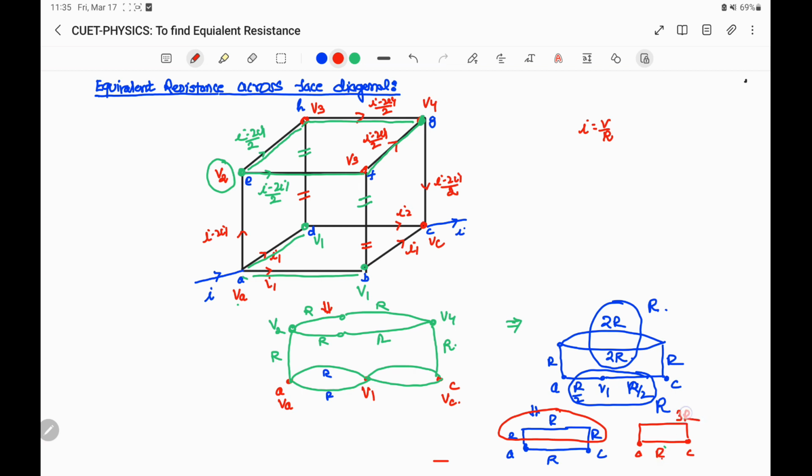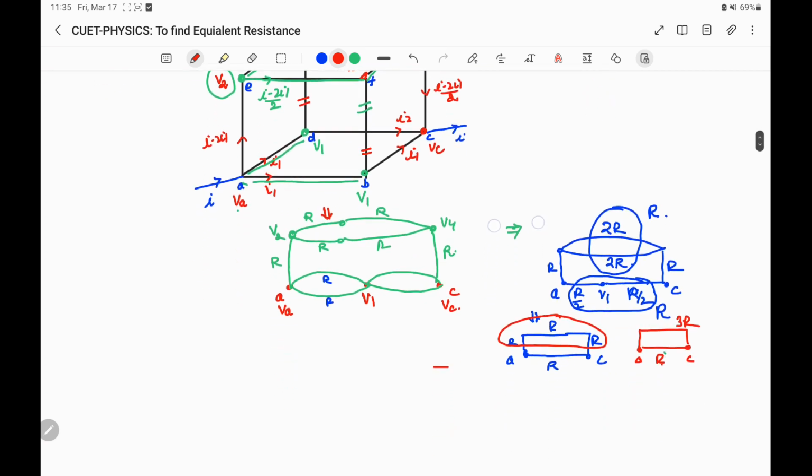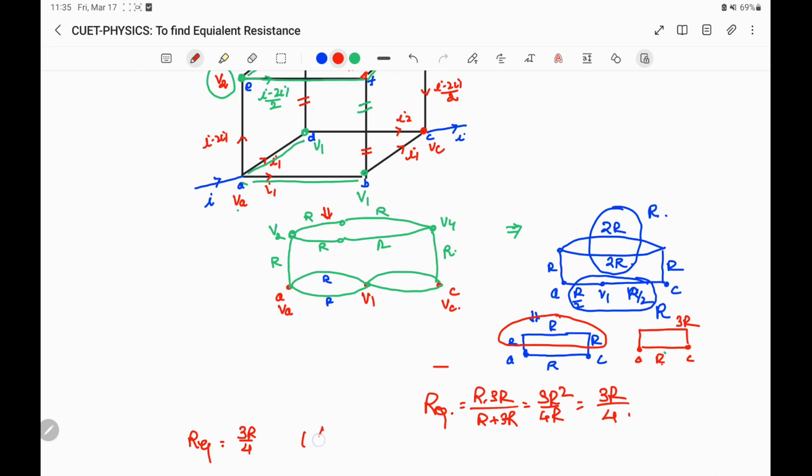And now this R and 3R are in parallel. Therefore, R equivalent is equal to R into 3R by R plus 3R, that is equal to 3R squared by 4R, or 3R by 4. So we have found that the equivalent resistance is equal to 3R by 4 across the face diagonal.